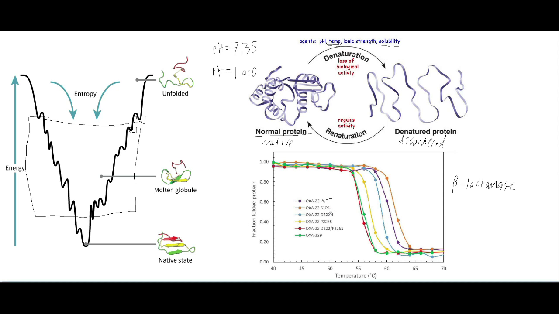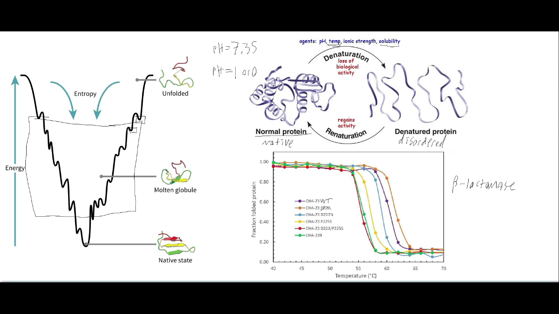That's the glutamate to glutamine at the 222nd amino acid, the proline to serine at the 225th, and then putting the proline and glutamate mutations together into a single enzyme, and then putting all three of them together in this clinical variant called OXA 239.